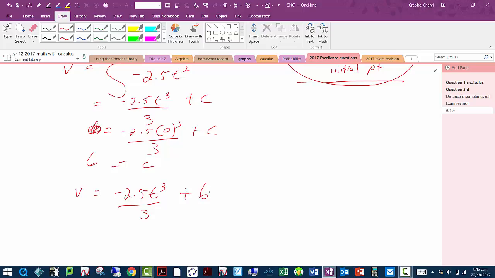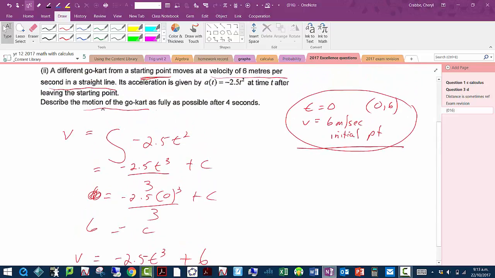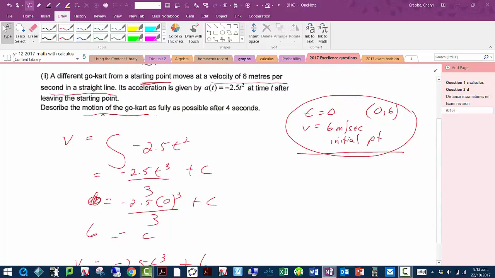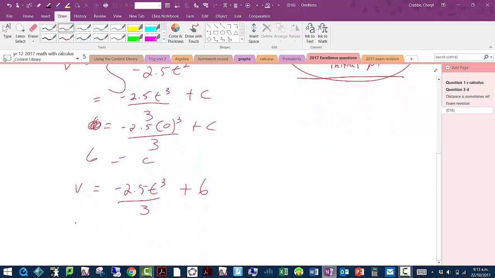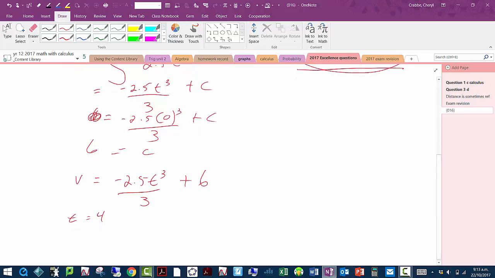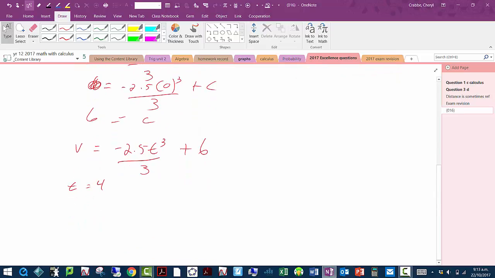And then the next thing we need to do, if we take a look at the question, it says describe the motion of the go-kart as fully as possible after 4 seconds. So at 4 seconds, we have to figure out what our velocity is doing at that point and how the go-kart is moving. We can get an R or a merit for this if we can get this done.